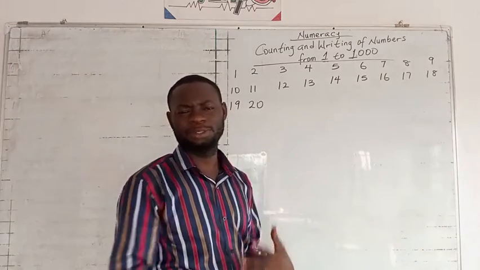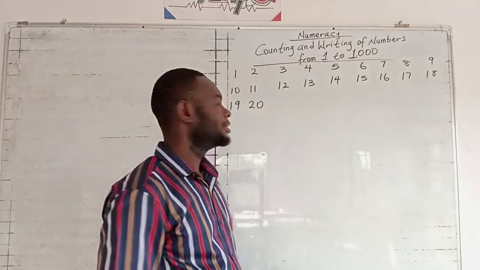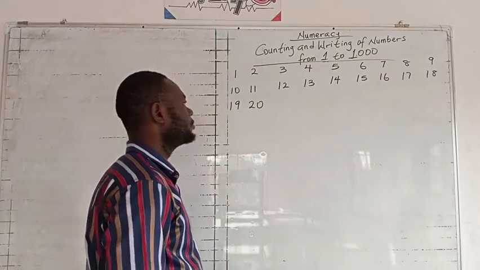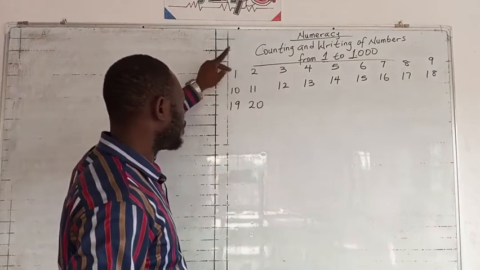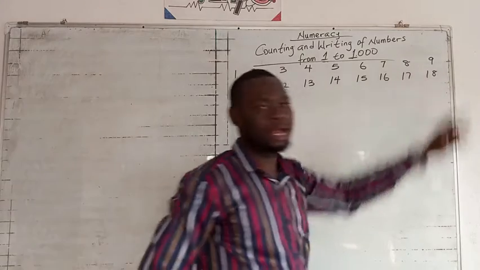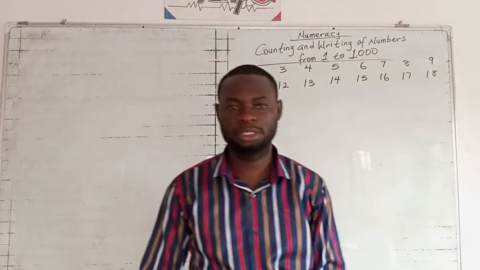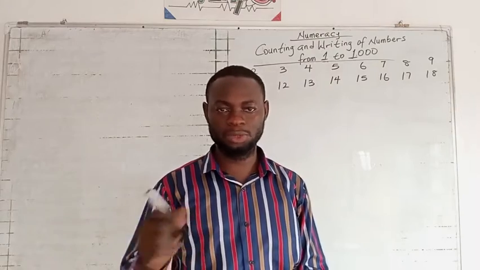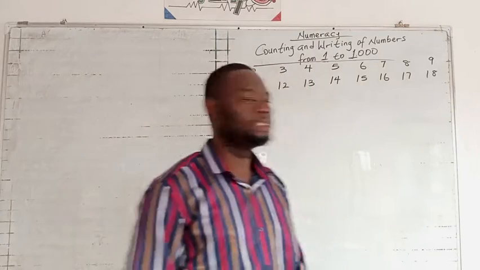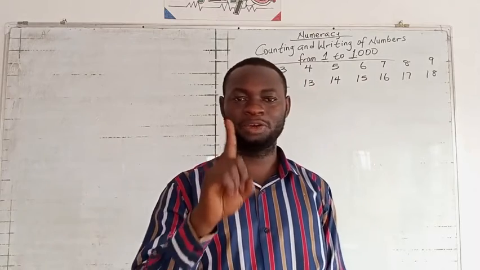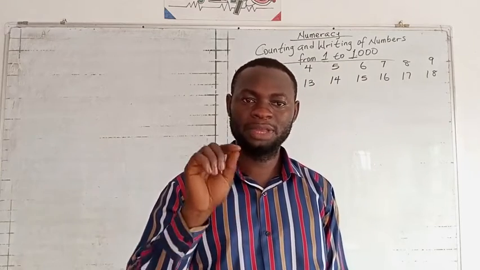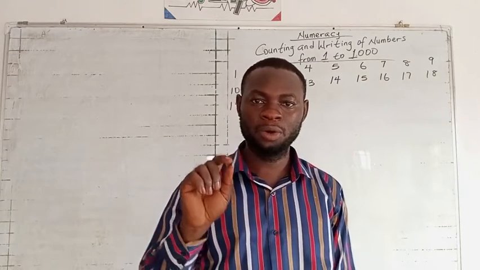So we keep counting up to 1000. Looking at these numbers, 1 to 9 are called the unit numbers. Unit numbers are those numbers that stand on their own.